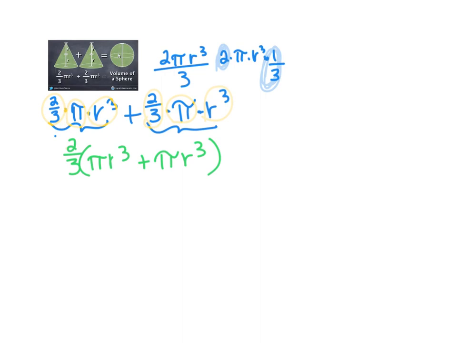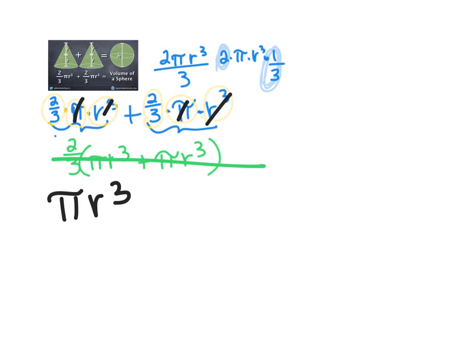What if I decided instead to take out pi r cubed, each of these factors from both of these? I'd have to multiply that times 2/3 plus 2/3.